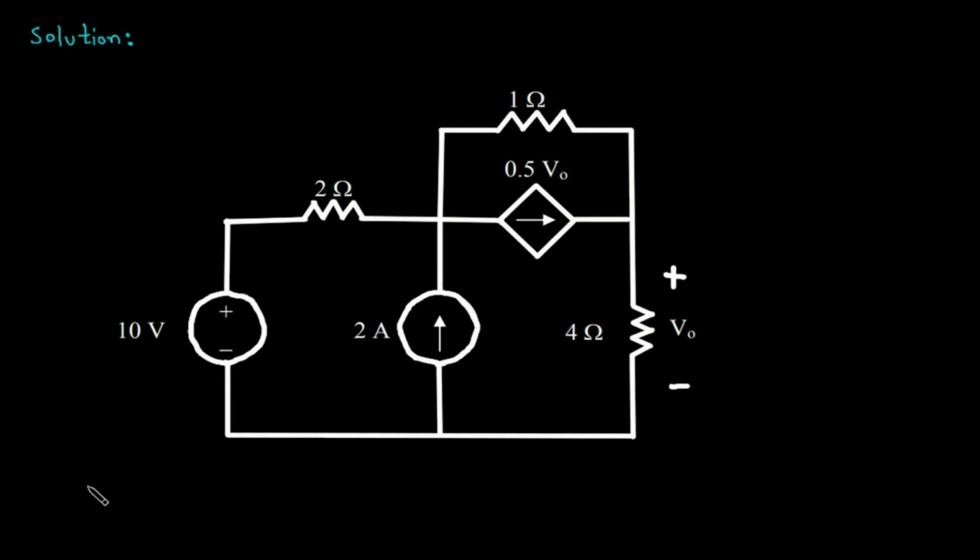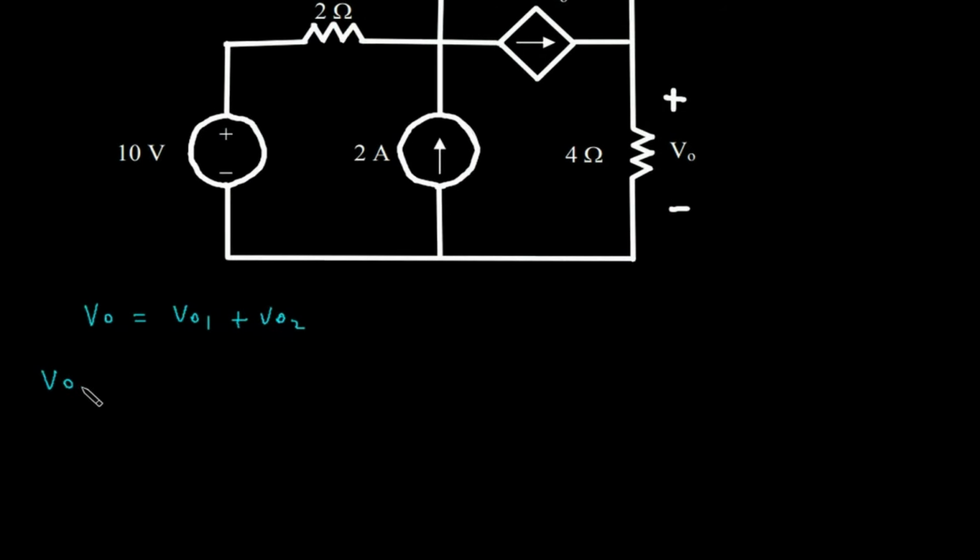Now, let's say VO is equal to VO1 plus VO2, where VO1 and VO2 are the voltages due to 10 volt and 2 ampere respectively.